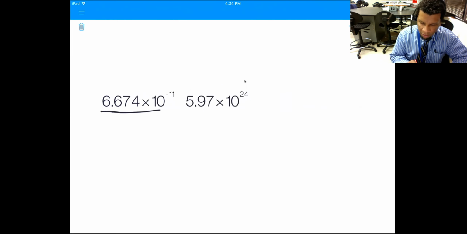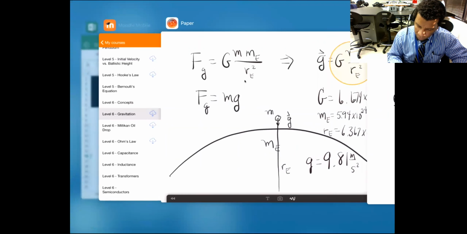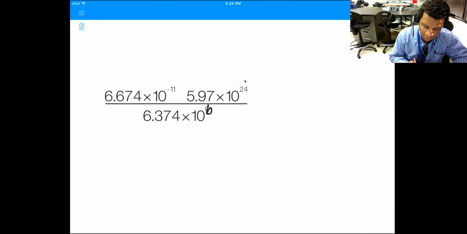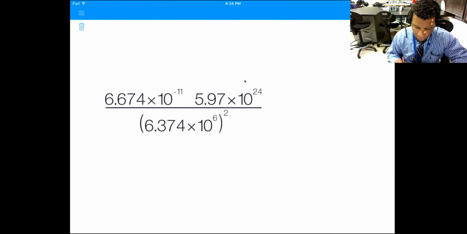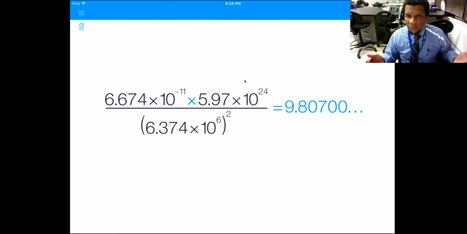And then we're going to divide this by the radius squared. So let's put the radius in. The radius is 6.374 times 10 to the 6th. Oh, they put a 0 there, so I need to put 6. And you know the bottom part is squared. Look at that, we end up with 9.807. So that's approximately 9.81. It's really good, okay?